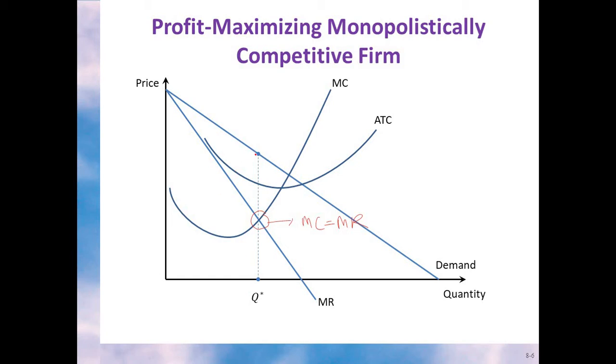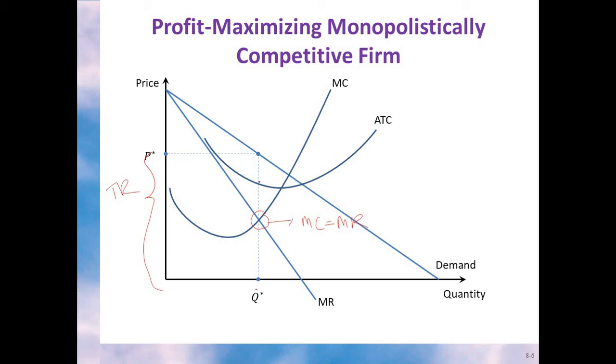To decide the price, it should be the corresponding Q which touches the demand curve. So this is the price level. This is P multiplied by Q, so this whole rectangle is the total revenue. To show the profit, we have to draw the average total cost curve.